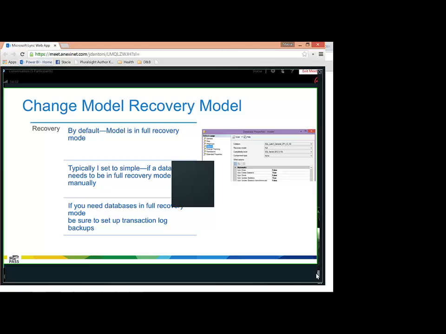So what I like to do here is set model to simple, so all my new databases come in simple. If a database needs to be in full recovery mode, I'll set it there manually. But by default, I kind of like it to be in simple. And once again, if you need a database in full recovery mode, make sure you're setting up transaction log backups on a regular basis.